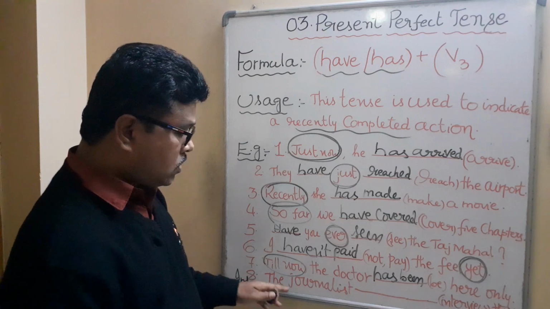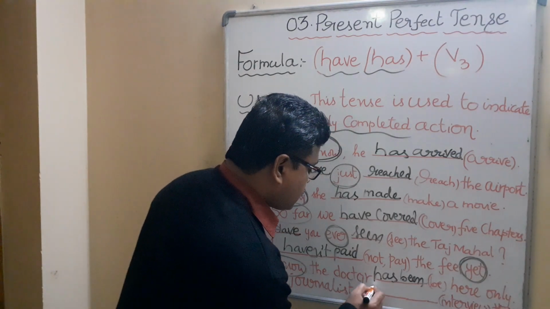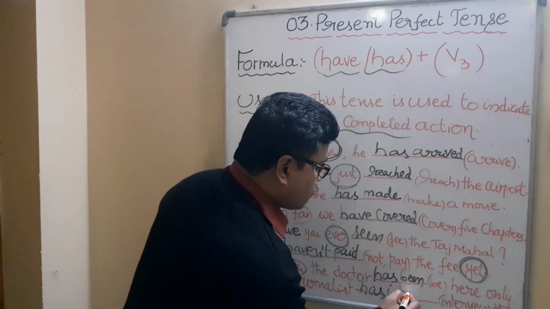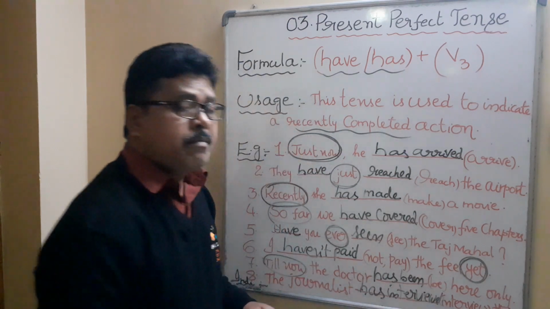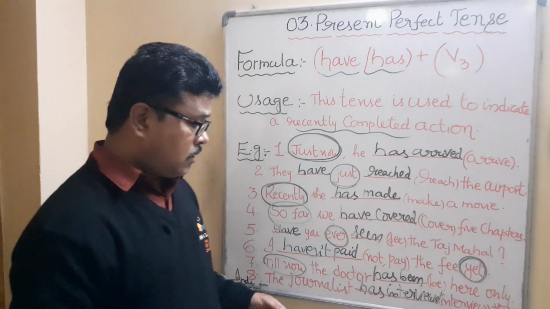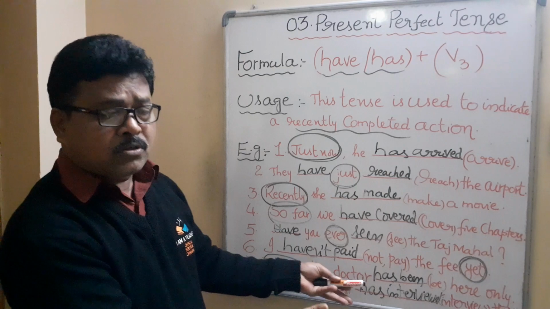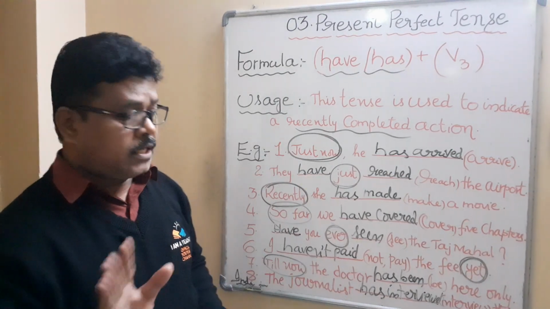Okay, the journalist, only one journalist, so has. The journalist has interviewed the MP. The journalist has interviewed the Prime Minister. The journalist has interviewed the MLA, like that. So there is no time indication. In those cases we have to use present perfect tense only, not the other forms.